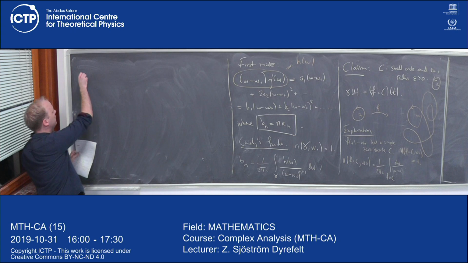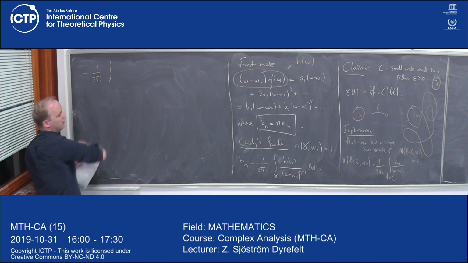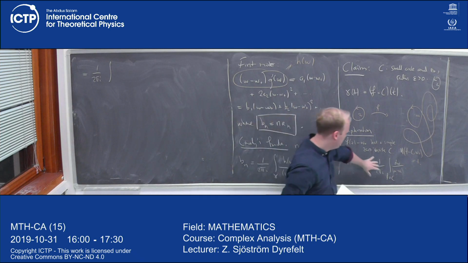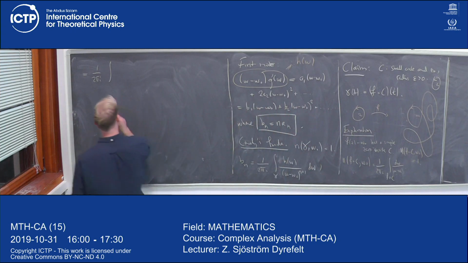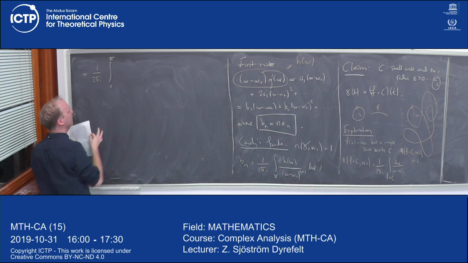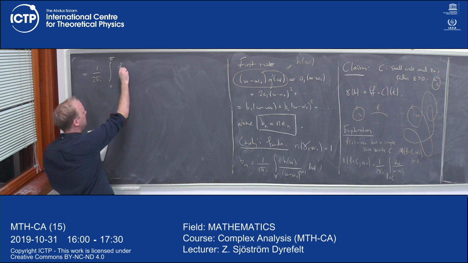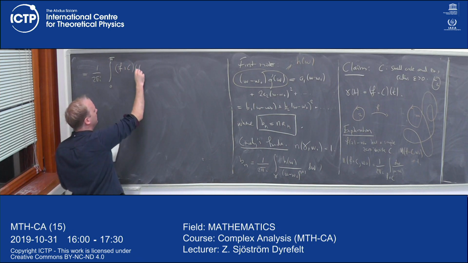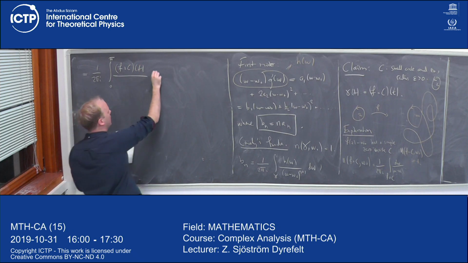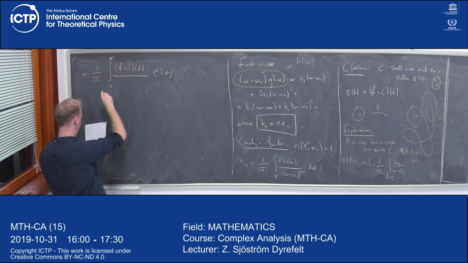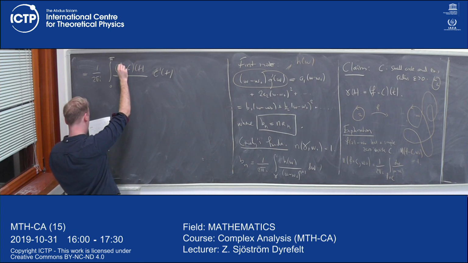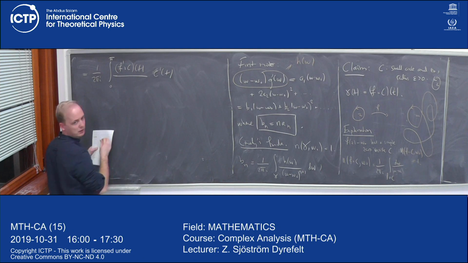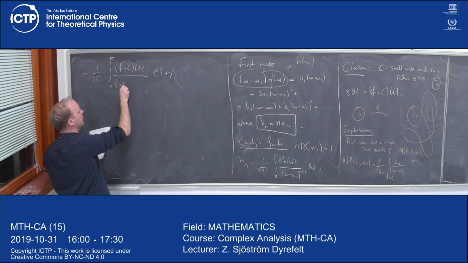Now we have this integral, and to understand what it does, we can write it in parametric form, like a real parameterized integral. So it goes from 0 to 2 pi, of f prime of c of t times c prime of t, divided by f of c of t minus w0.